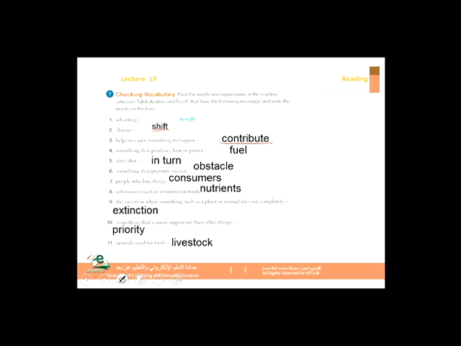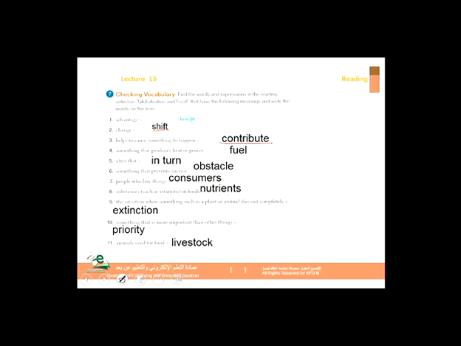Something that produces heat, fuel. After that, in turn. Something that prevents success, obstacle. X can be an obstacle that prevents you from success. People who buy things, consumers, and we had this word before.